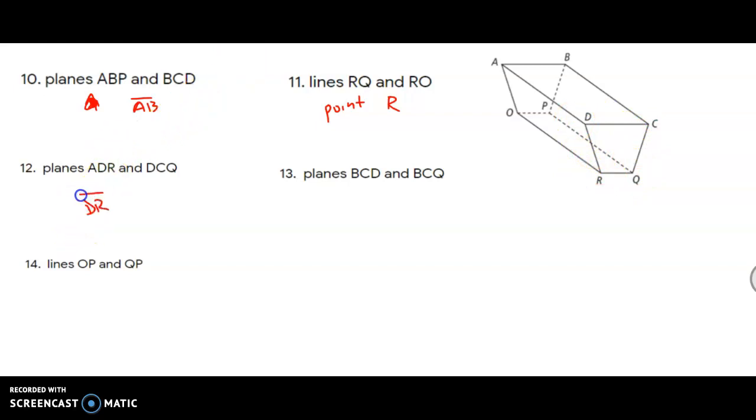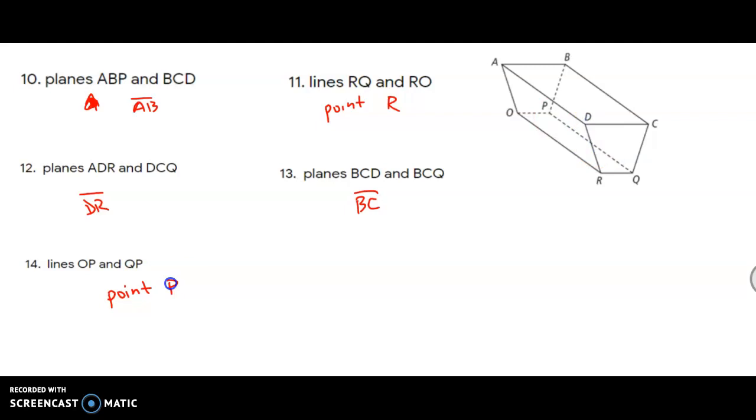Right? Planes BCD, again the top one, and BCQ. BCQ, that's that other side, right? That intersects at where? BCD and BCQ at segment BC. All right. Lines OP and QP intersect at point P.